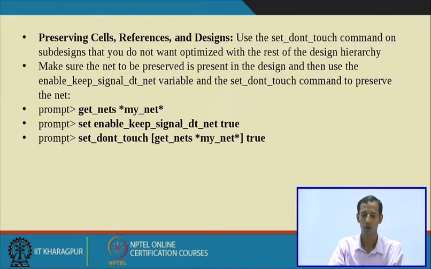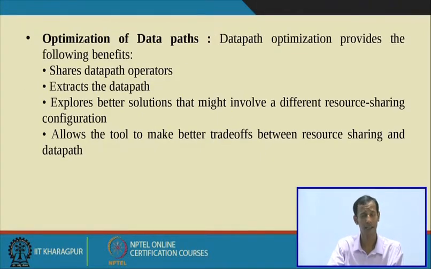So, here the commands are like get_nets, my_nets, then set enable keep signal, and then set_dont_touch on this net. So, this is one command, and we will see how it works when we work on DC.